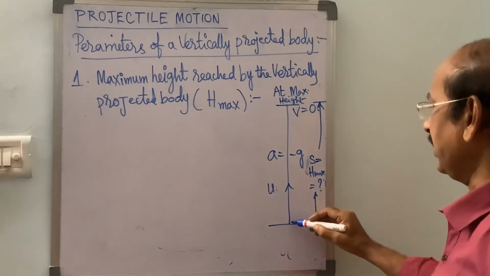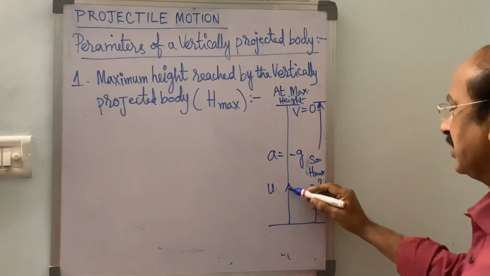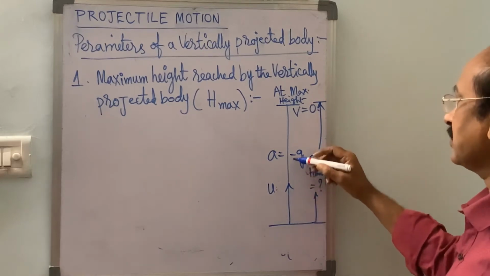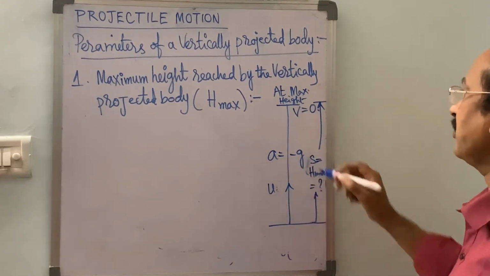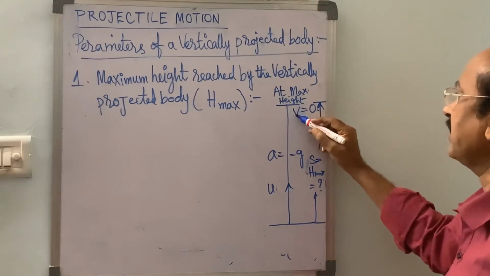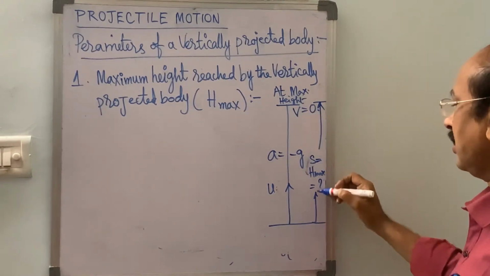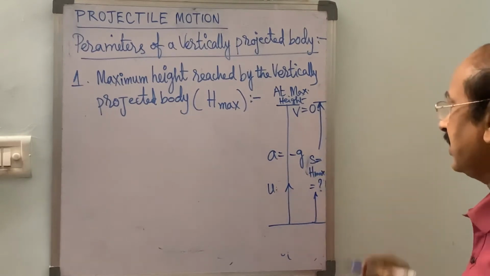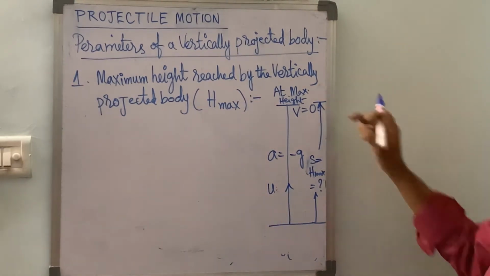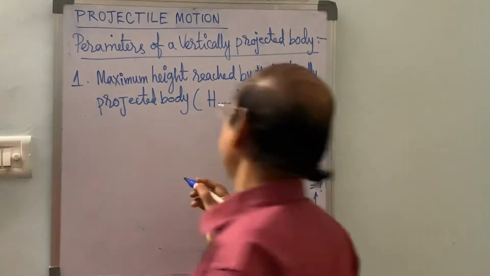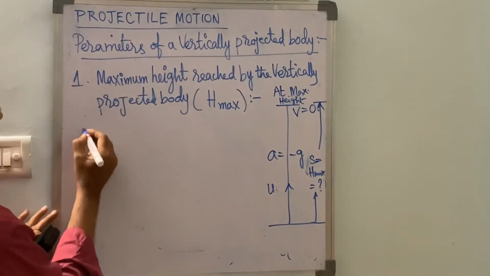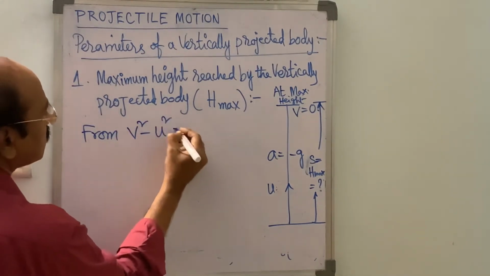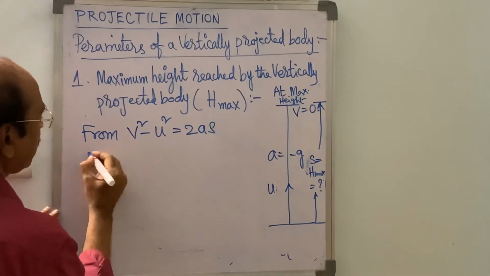So consider a body which is projected with initial velocity u in the upward direction, and as it moves its acceleration a is equal to minus g, and on reaching the maximum height its final velocity is 0, and the distance travelled by the body on reaching its maximum height, let it be s equal to h maximum. Let us calculate the maximum height reached by the body. From the equation of motion, v square minus u square equal to 2as.